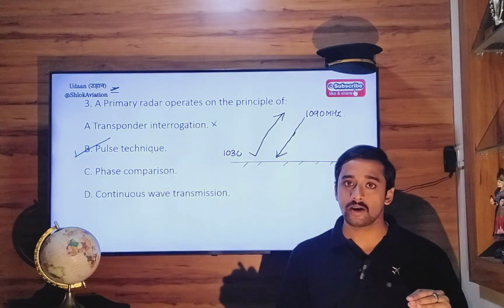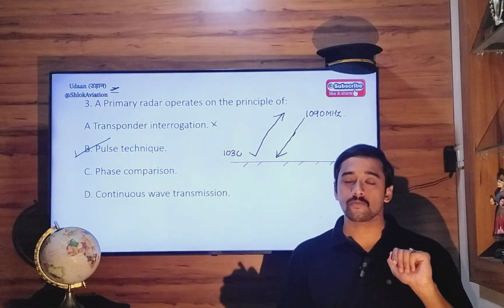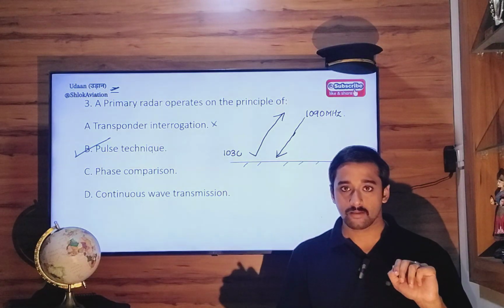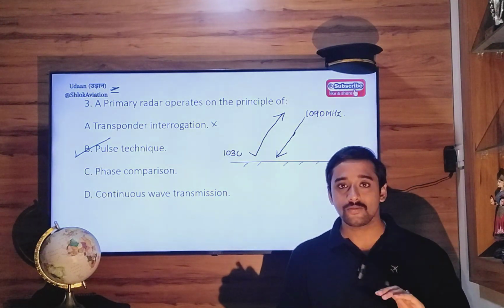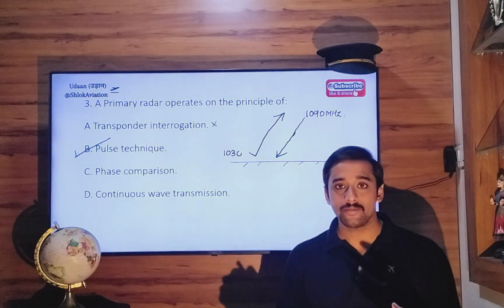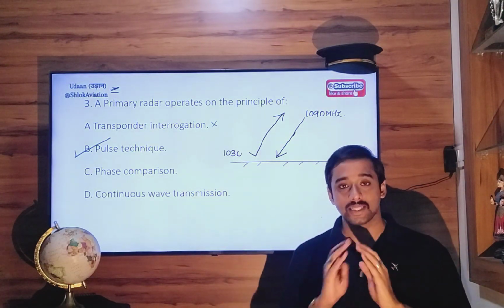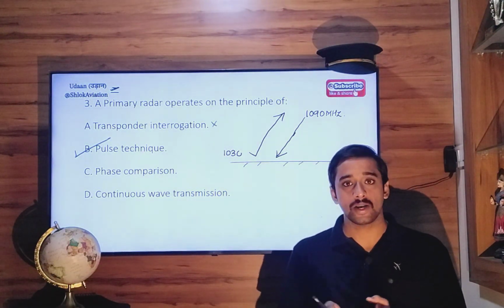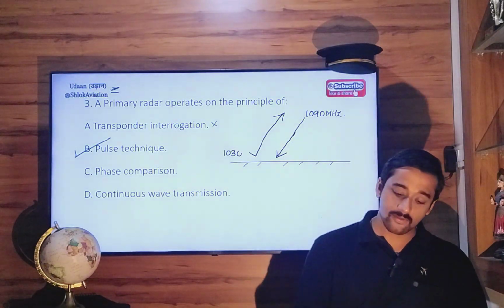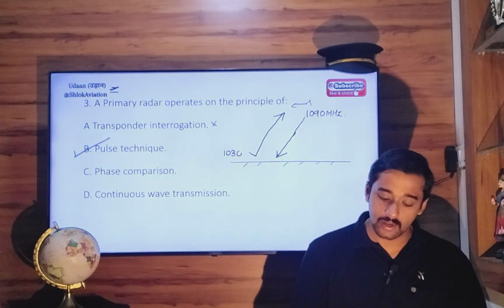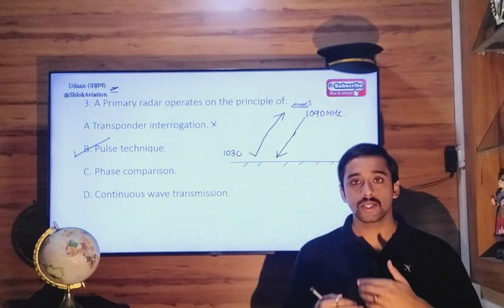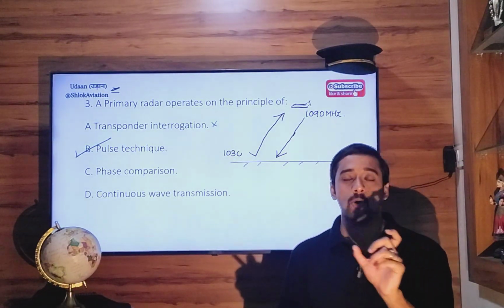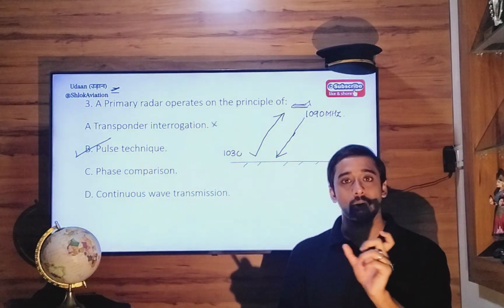In case of secondary radar, there are two objects required. One on the ground, let's say a ground interrogator. If the ground equipment is transmitting the radio wave, it will be called an interrogator. And the object which is in the air, which is responding, which is answering to this radio wave, will be called a transponder.